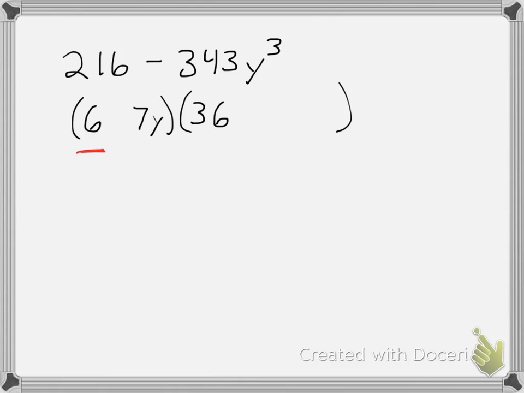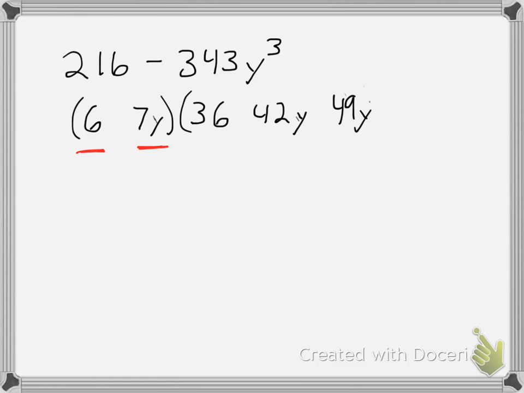My middle term is a product of 6 and 7y, so it gives me a 42y. And my last term is where I square the second term of my binomial. So when I square 7y, I'll get 49y squared.